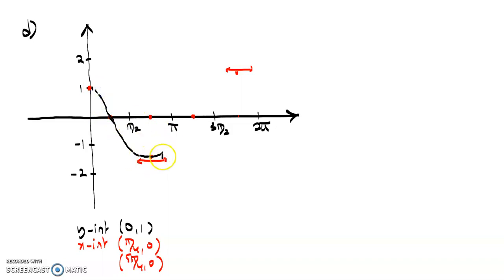Don't forget that it has to be really smooth, admitting a horizontal tangent here. Now that I've drawn this part of the curve, I have another horizontal tangent here where the curve would still be increasing while concave down. And at 2 pi, the y value was 1, so we'd have to stop it here. And that is the curve of f of x.